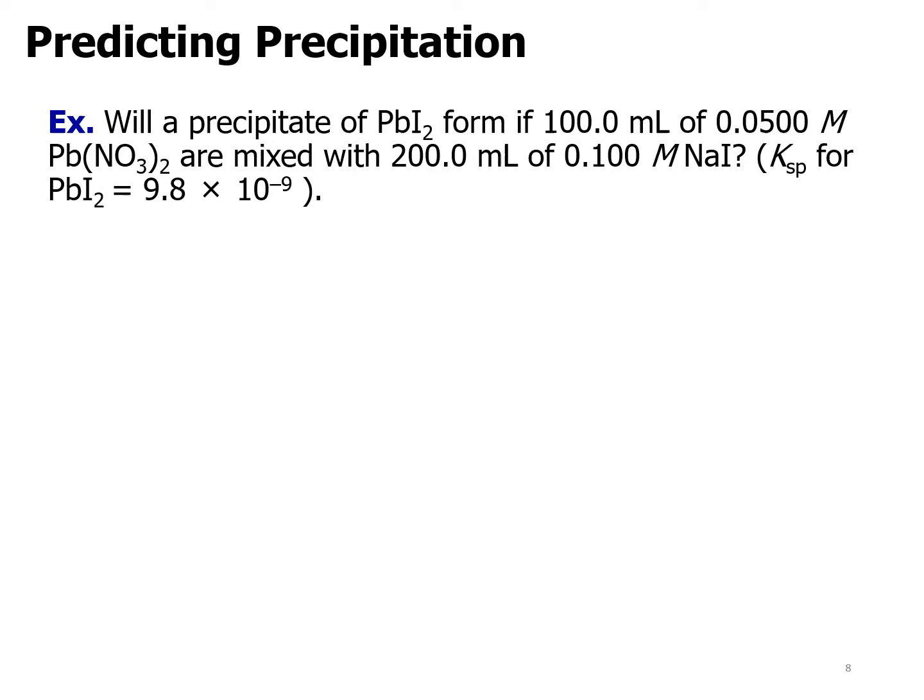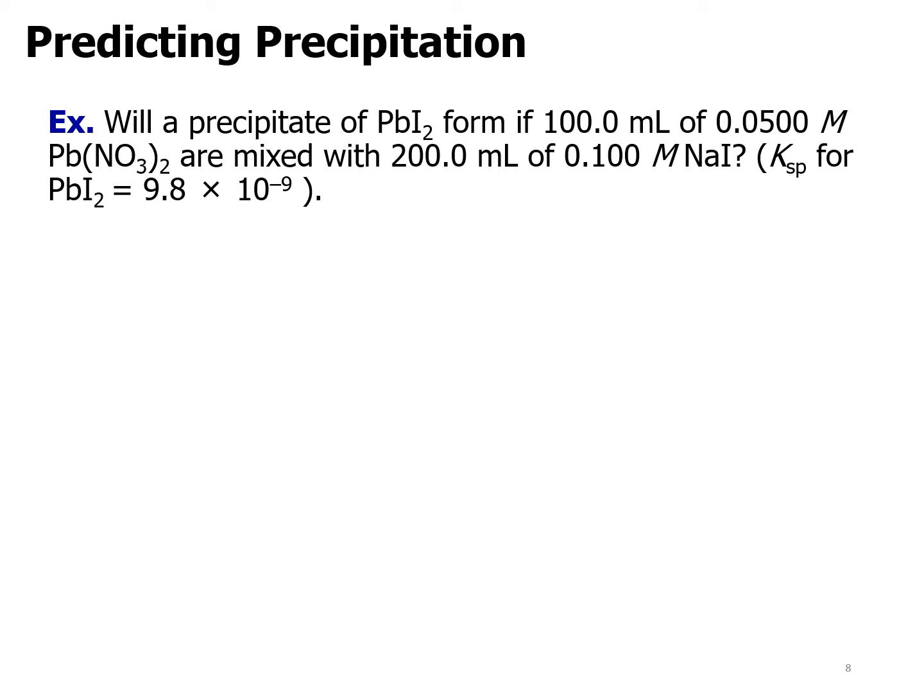Okay, let's try one more question. I'll leave you guys with this question. So this is very similar concept. Will a precipitate of lead iodide form if 100 ml of 0.05 molar lead nitrate is mixed with 200 ml of 0.100 molar sodium iodide?